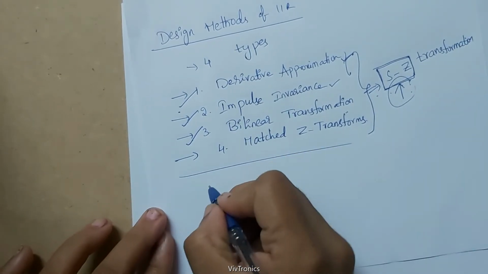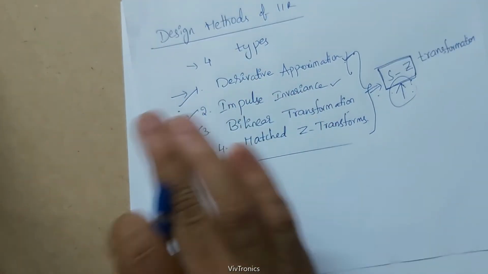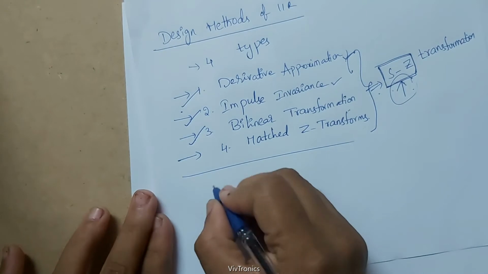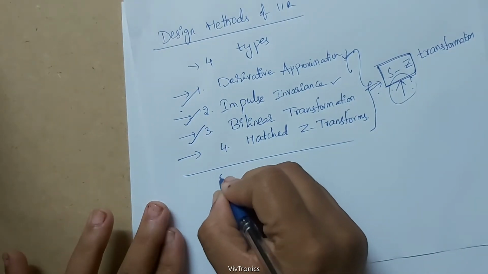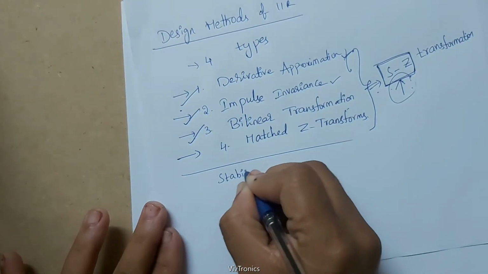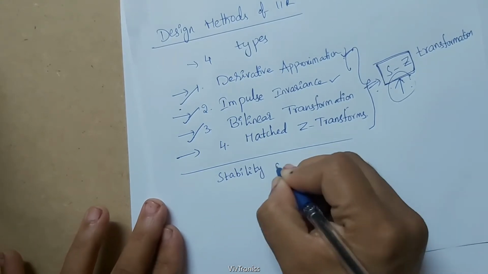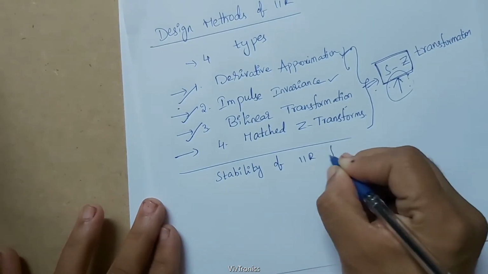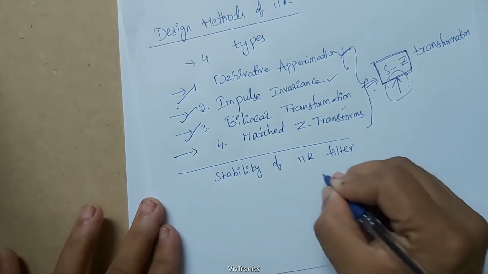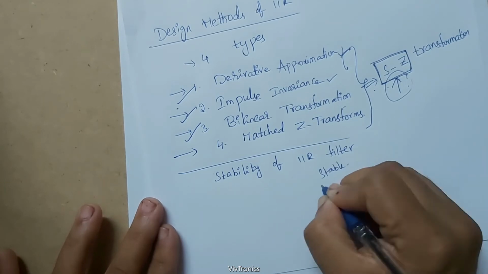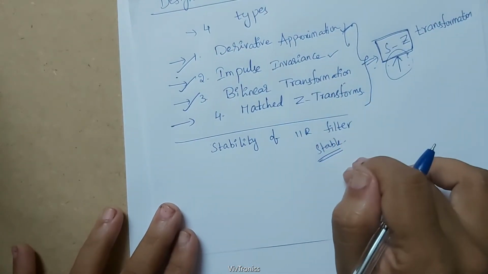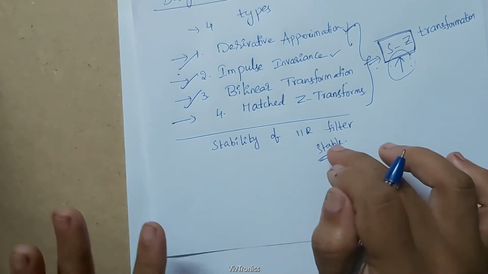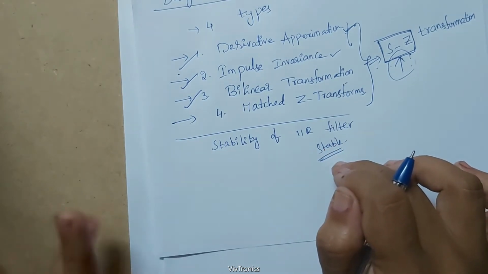Designing an IIR filter is fine, but the main intention is to achieve stability of the IIR filter. That means we need to design a stable IIR filter. If an IIR filter is to be stable, it has to satisfy 2 conditions.